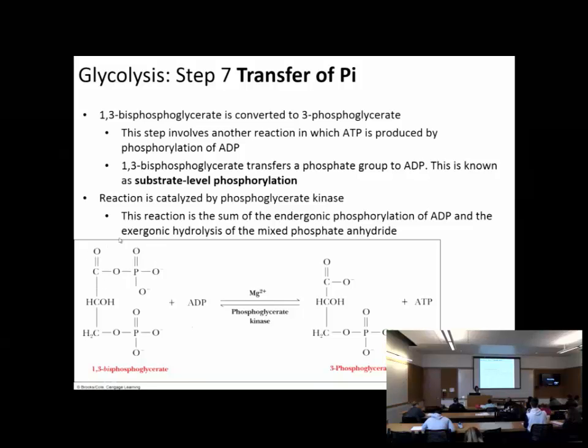Remember, this part is called an anhydride. And what we're doing is we're breaking that apart and giving the phosphate over to an ADP to make our money molecule, ATP. Remember, this is happening in duplicate, so our investment is paid back. Remember the lady from the beginning of the chapter when I showed that video? She said we're paying back that investment.